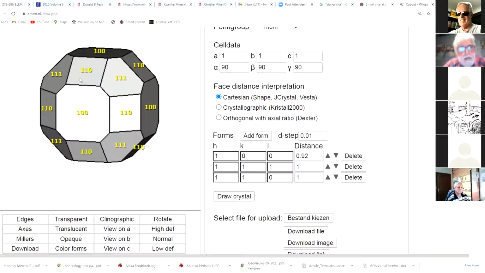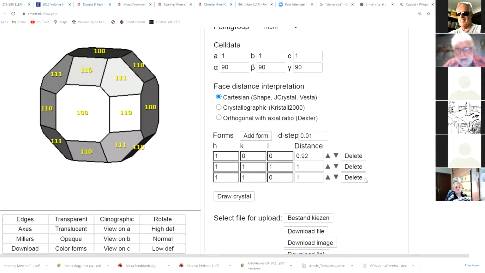They frequently have this kind of shape. So you see here the cube faces that are slightly larger due to the distance that's slightly shorter. And then you have here the 110 faces, which are the rhombic dodecahedral faces, and then here the octahedral faces. Okay.